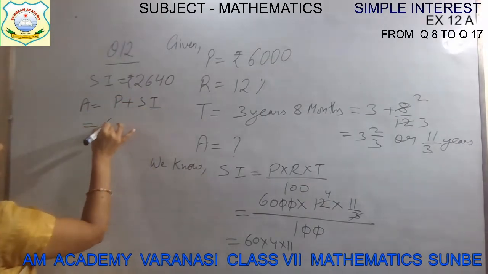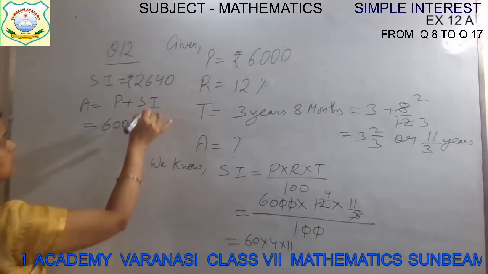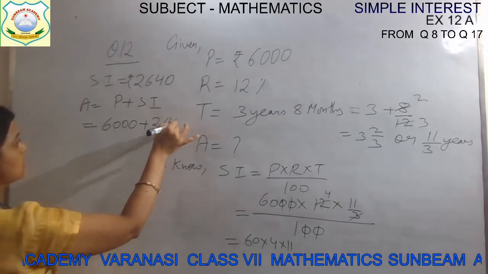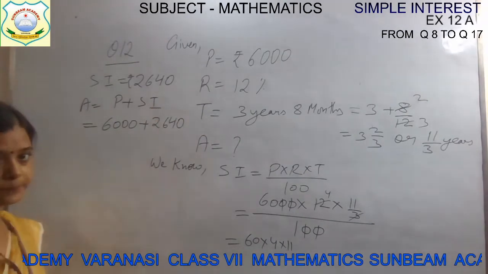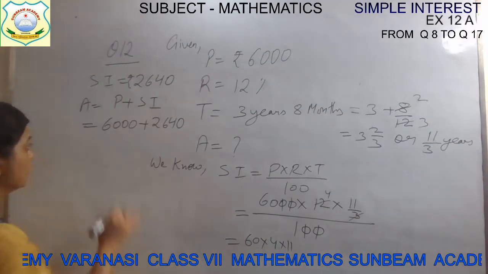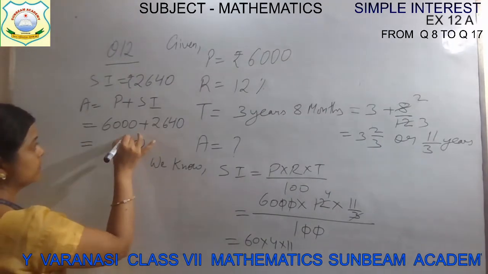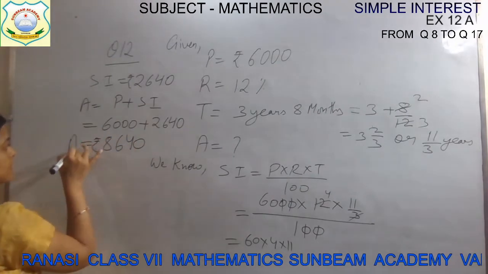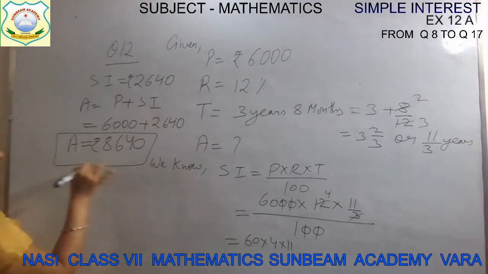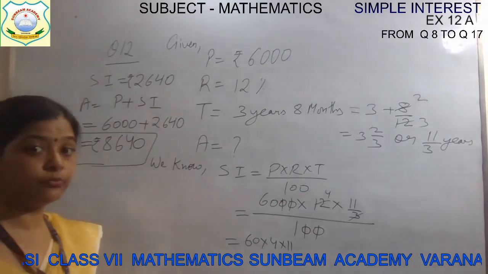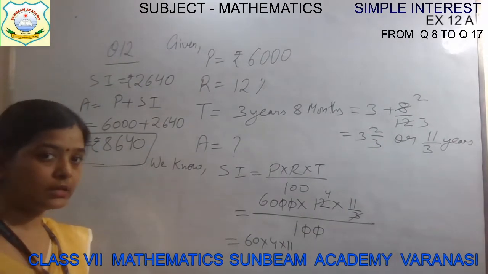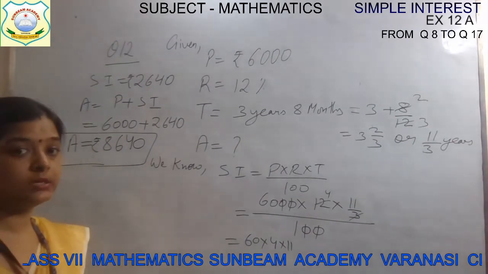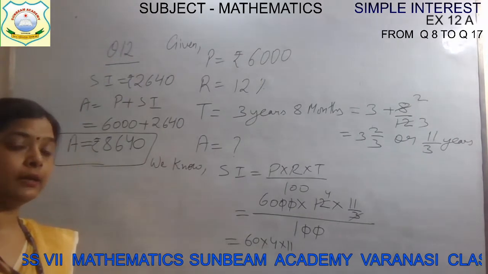So principal money is 6,000 and simple interest is 2640. So the total money which she will return to the bank is 8,640 rupees.